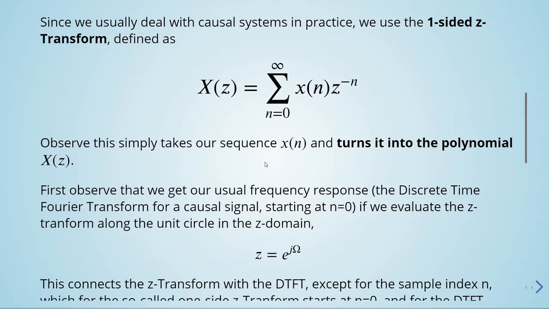So first observe that we get our usual frequency response, the DTFT, the discrete time Fourier transform, for a causal system signal, so n is starting at 0.